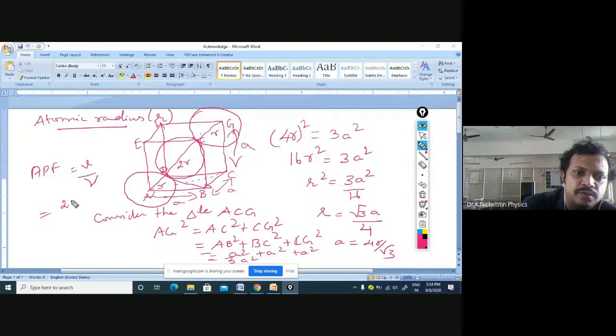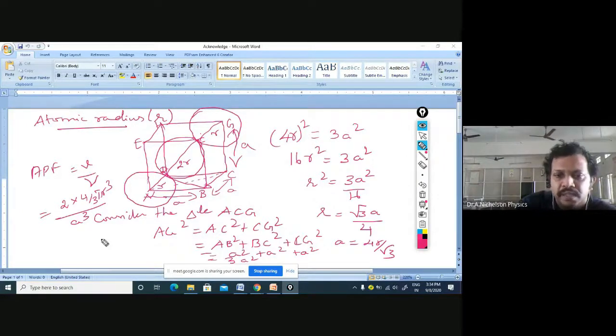So 2 into 4 by 3 pi r cube divided by a cube. Instead of a, you have to put the value 4r by root 3, the whole cube, and substitute it here. Then cancel out the common terms and find the value. That should be greater than the value of the simple cubic structure, since it has one more atom present at the center. So find the value and say the answer in the next class. Okay.